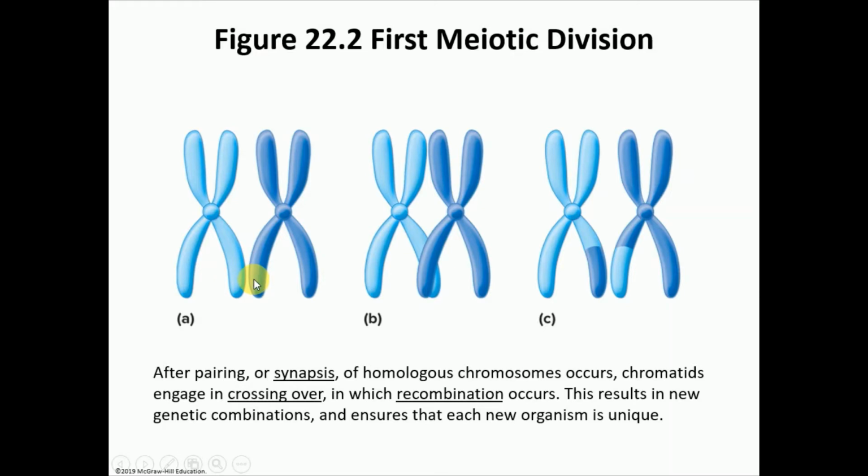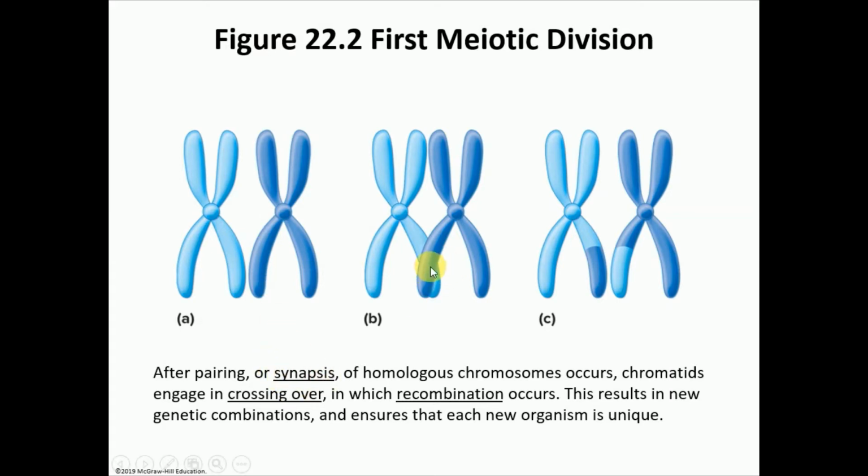So these would have maybe the genes for hair color on both of those spots, or the genes for maybe skin color, and so on. As long as they code for the same genes, they are termed homologous chromosomes. And when we start the whole process, your homologous chromosomes are going to come together and they are going to be paired. And we call that pairing synapsis.